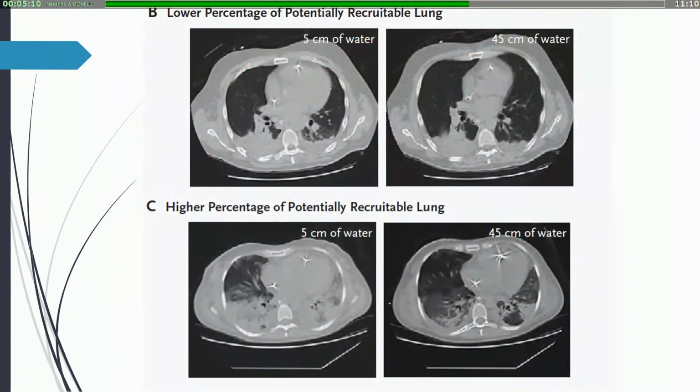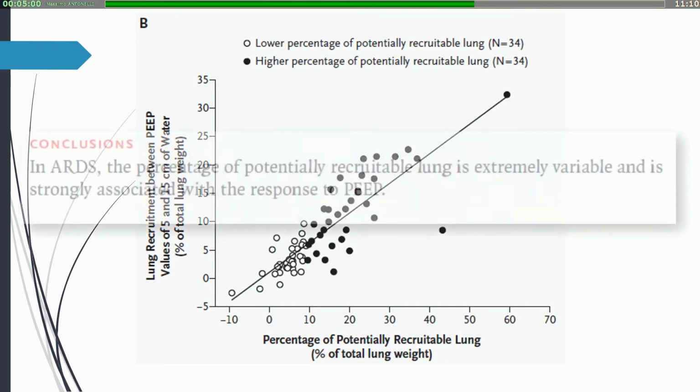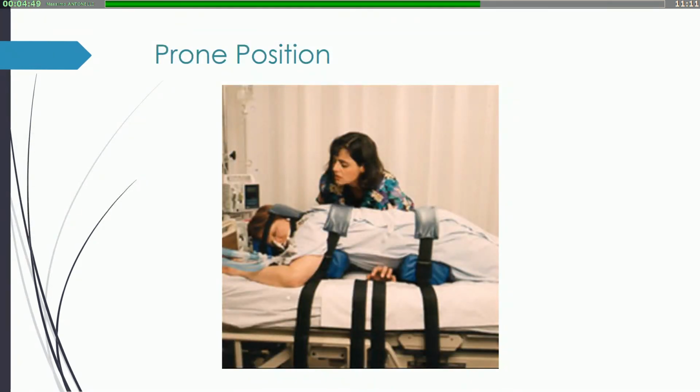However, we know from the study by Luciano Gattinoni that the recruitability of the lung may be very different and very sparse in different regions of the lung. And the percentage of potentially recruitable lung being extremely variable renders a very different response to the PEEP.